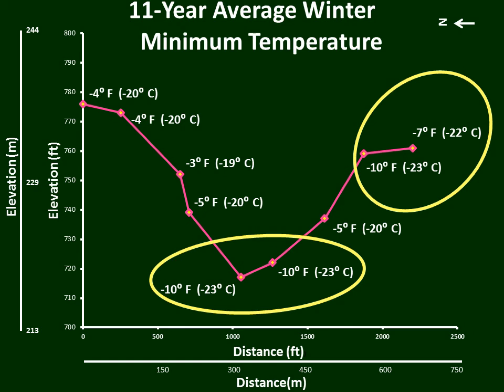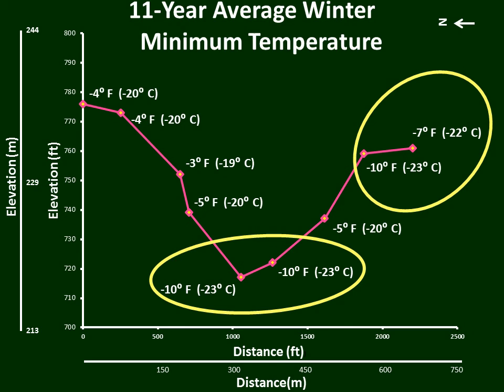That's surprising to me. I didn't think up on that side of the valley that we would have such low average minimum temperatures for an 11-year period. They're almost as bad as down in the valley bottom. Well, we now have an explanation for that, which we'll get to in a little bit.